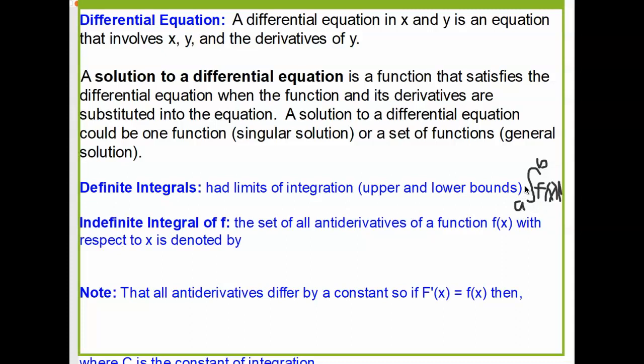An indefinite integral is the set of all antiderivatives of a function f of x with respect to x, and we know its antiderivative is that capital F of x, and its answer is always going to have a plus C.